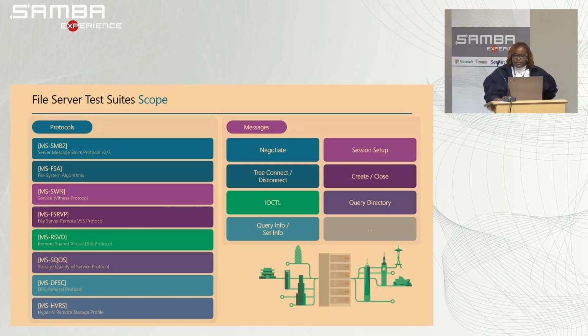FSA covers the file system algorithm behavior, SWN for service witness notifications used in failover cluster scenarios, FSRVP for file server remote VSS protocol used in shadow copies, RSVD for remote shared virtual disk, SQoS for storage quality of service, DFSC for distributed file system namespace referrals, and of course HVRS.